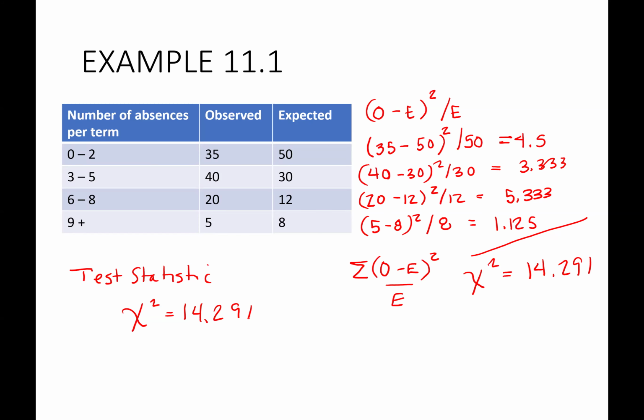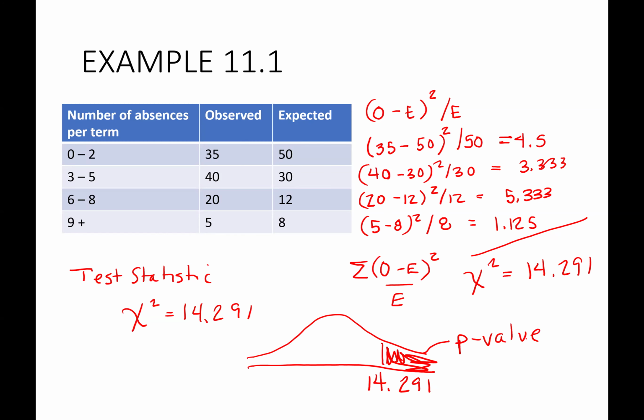Okay, so now we need to look at what is the probability, if what I expect is true, of me getting a chi-squared of 14.291 or greater. So this is the p-value.